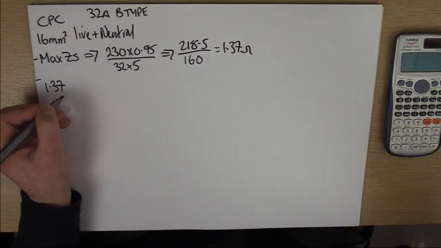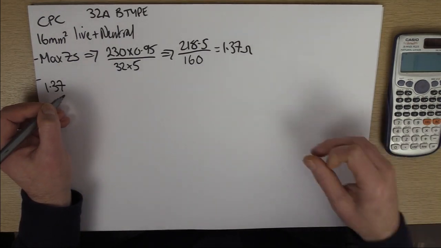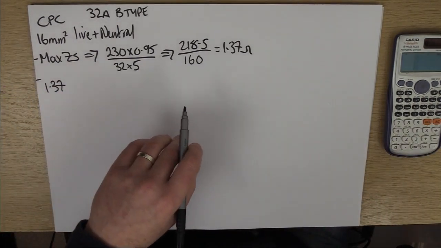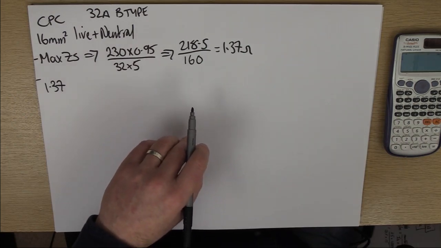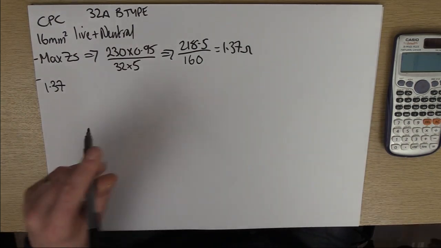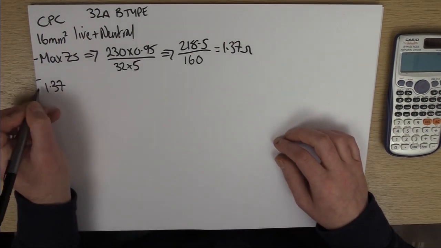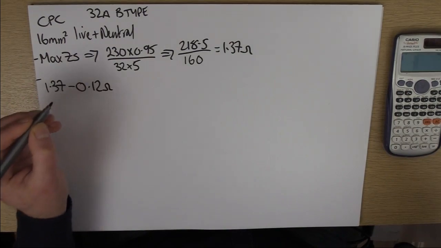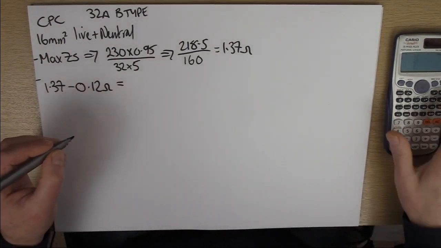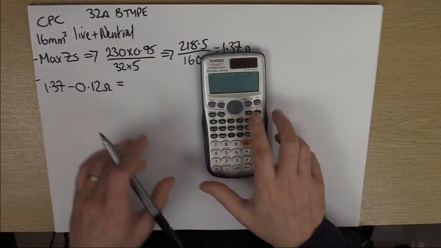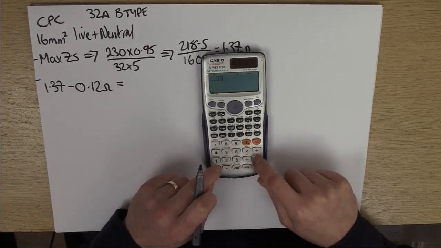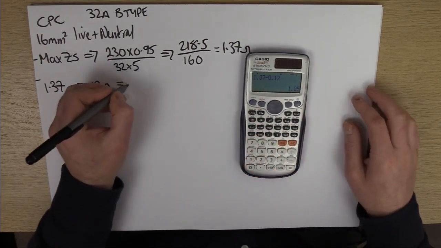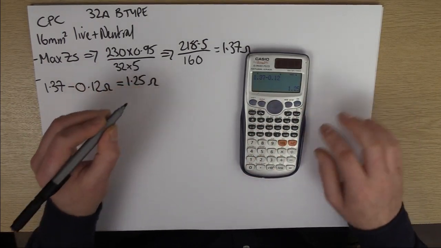But we probably want to do better than that really. And we know our ZE, that was 0.12. Yes, 0.12. So if we take our max allowed ZS and deduct the ZE that we've got, that leaves us with a maximum R1 plus R2 that we've got to work with. So 1.25 ohms.